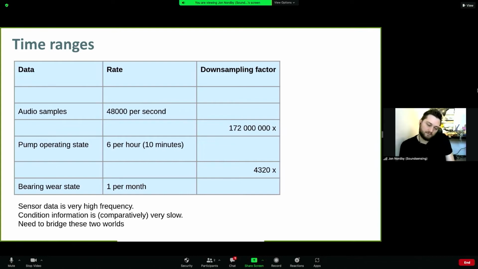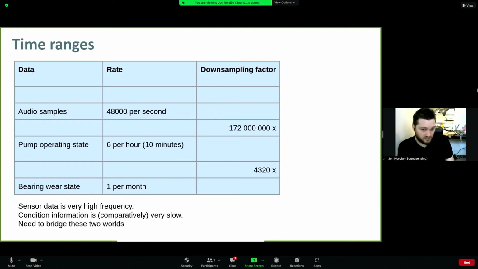But the parameter we're interested in is, for example, the pump operating state. Is this pump in a good operating state or not? Maybe there's air coming into the system. We would want to detect that, and we don't care about it at the microsecond level, which is what audio sample rates are.